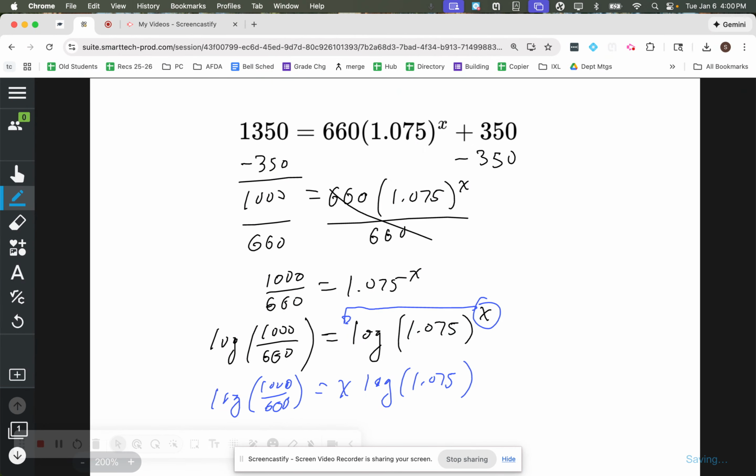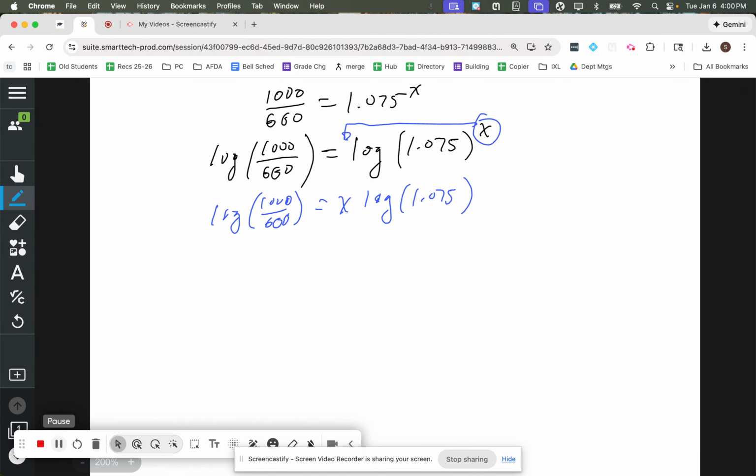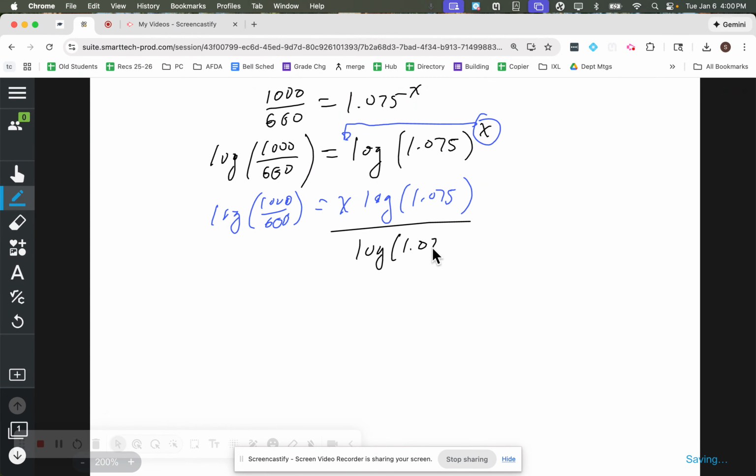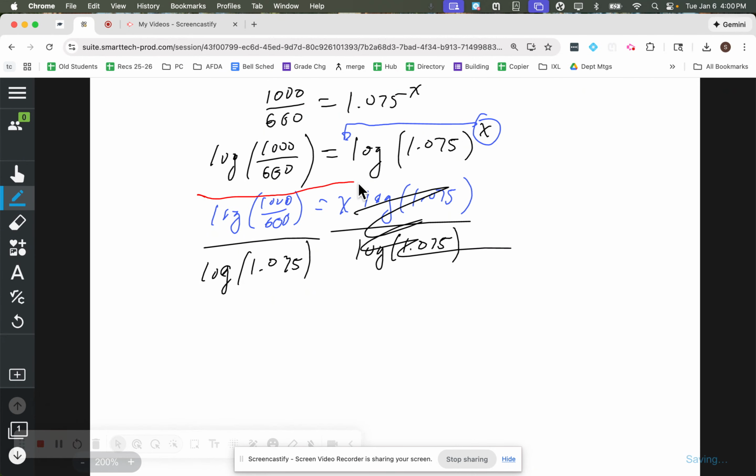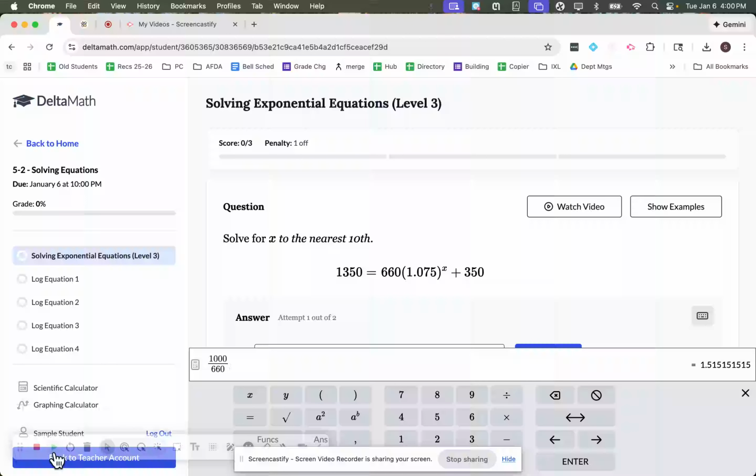Okay, final move. Divide both sides by this. Blam, those are gone. Here's my answer. X equals this thing right here.